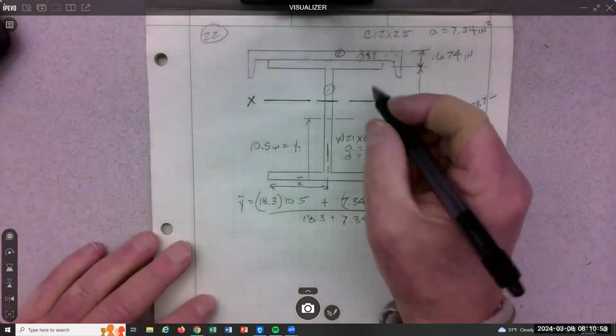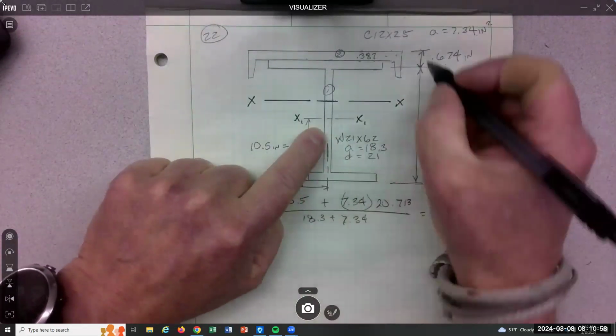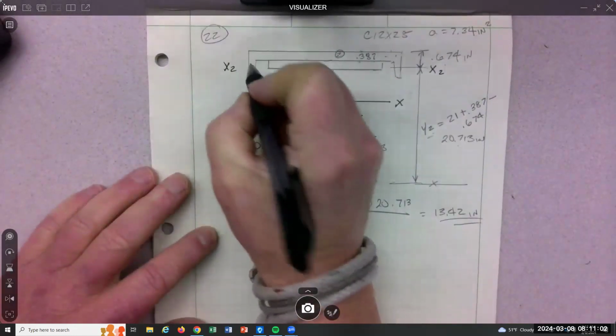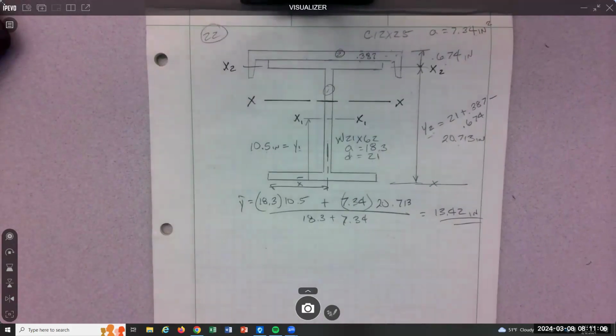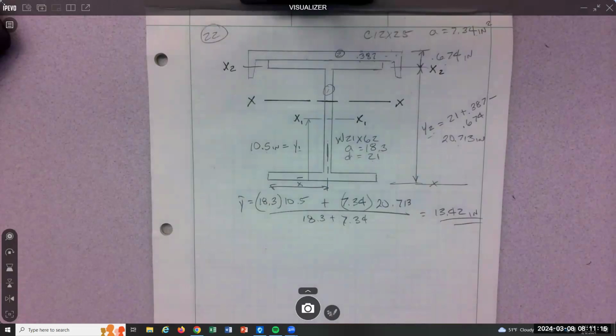These typically are called like x1 for shape 1, and this would be x2 for shape 2 if it went all the way through. So as they get more complicated, you might want to label them just to keep things straight. And again, make a giant drawing, don't make them small. That's half the page pretty much.